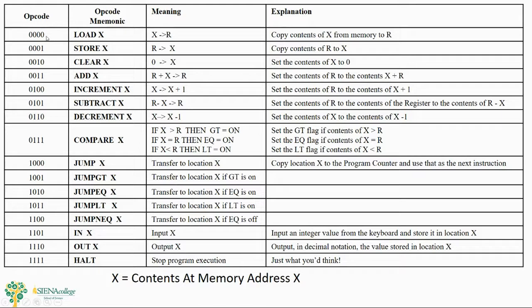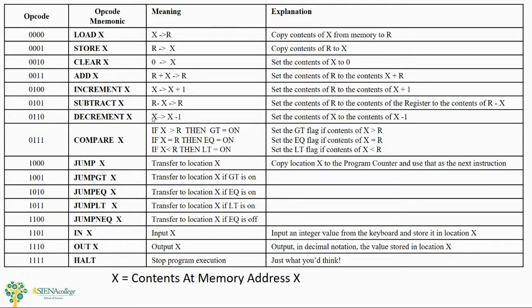So opcode 0 says load whatever is in location X into the register. Opcode 0110 is a decrement. It says take whatever is in memory location X and subtract 1 from it and store the value back into X.